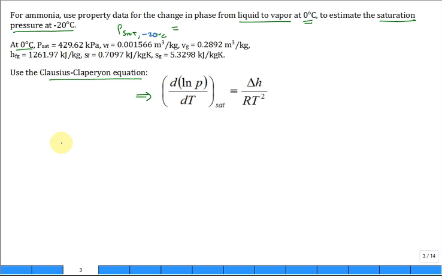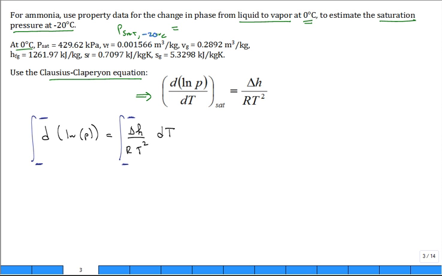Well, what I'm going to do is, this is a derivative with respect to temperature. I'll separate it, so I'll get a derivative of the natural log of P equal to change in H divided by RT squared dT. So I brought that dT over. We'll go ahead and integrate this, where we integrate from the consistent lower limit, both sides of the integral, to the same upper limit, both sides of the integral.